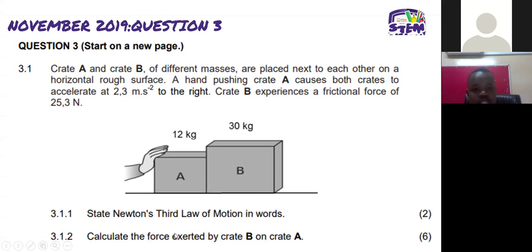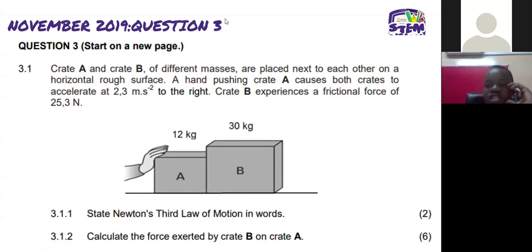This question is from Technical Sciences, November 2019, question 3. And it talks to Newton's third law of motion, and at the same time, it integrates Newton's second law of motion. So you must be able to deal with these particular types of objects. Now, let us go through this question.